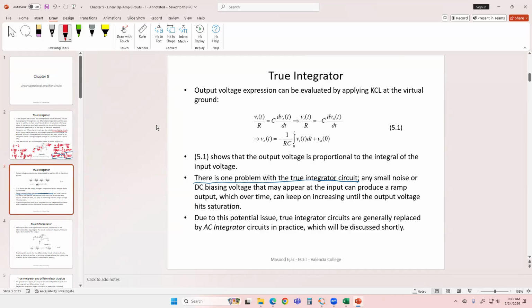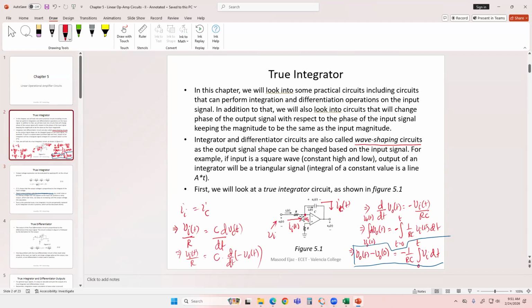So remember, DC voltage turns into a ramp voltage if it is passed through an integrator, right? If you have any small noise signal at your input, the negative input, the inverting input, right? Right now you have your input signal connected at the inverting input.